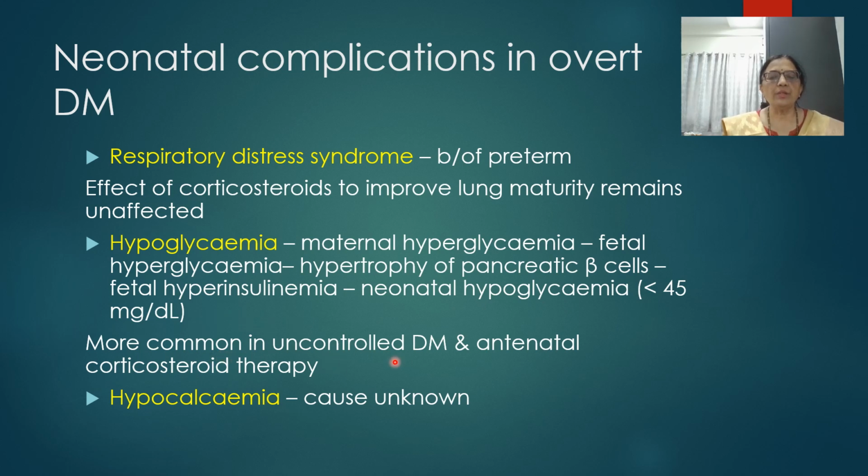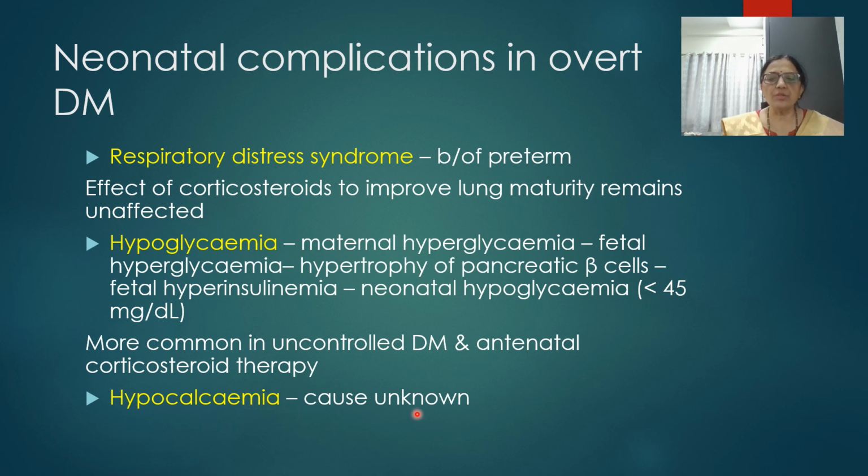Hypoglycemia is more common in uncontrolled diabetes, and whenever the fetus is subjected to antenatal corticosteroid therapy. So in a preterm diabetic, suppose we want to terminate the pregnancy, and then we give corticosteroids to improve lung maturity. These are babies who are more prone to develop hypoglycemia.